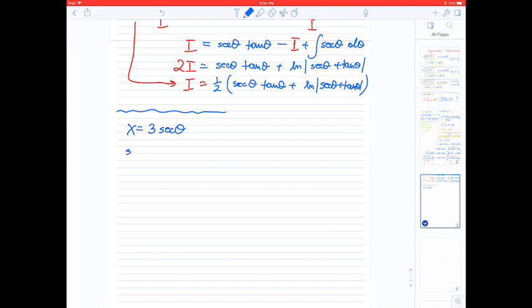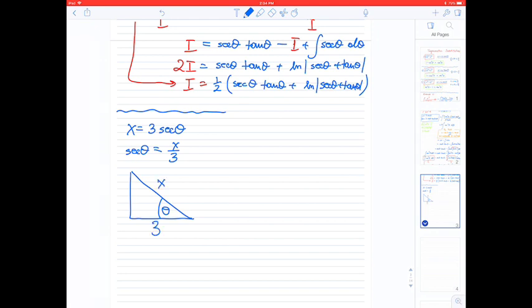I can solve this: secant theta is simply x over 3, which I can replace secant with. But I also need tangent, and I will use my right triangle. This is theta. The ratio for secant in the triangle is hypotenuse over adjacent, which is x over 3.